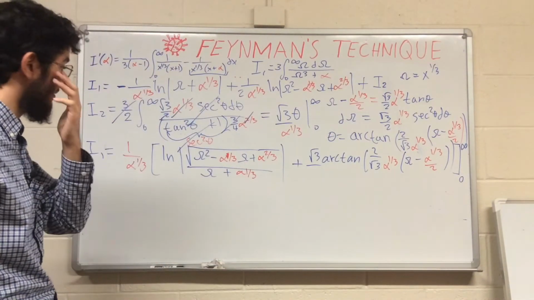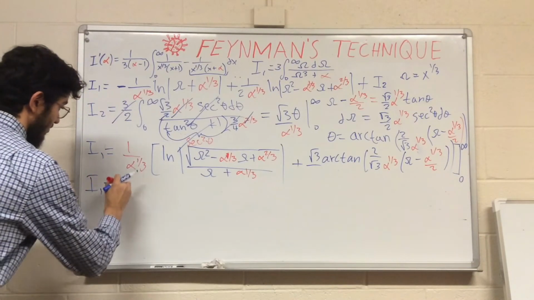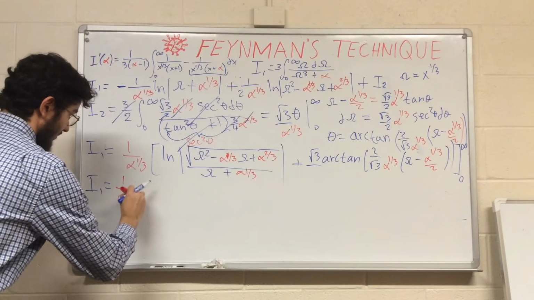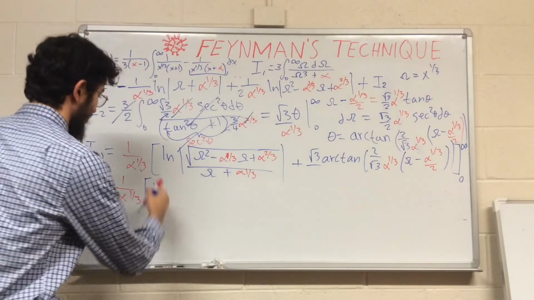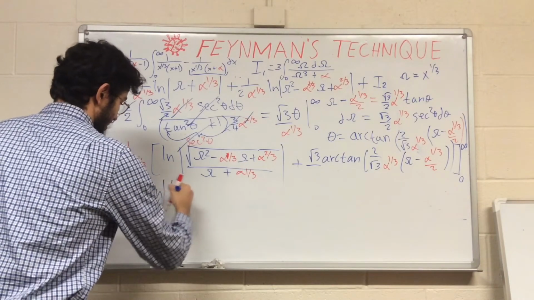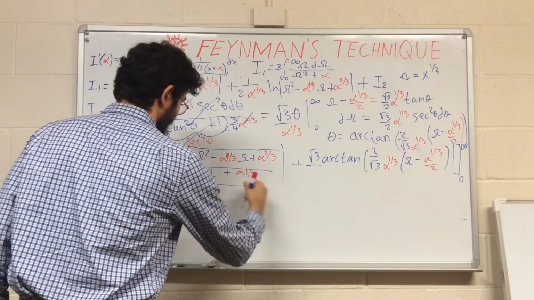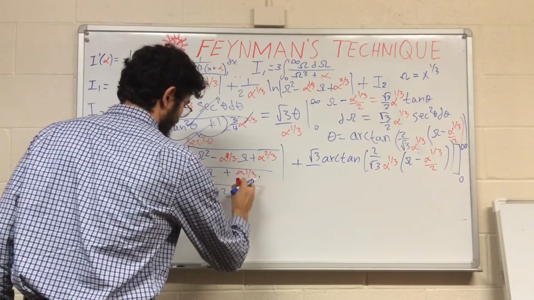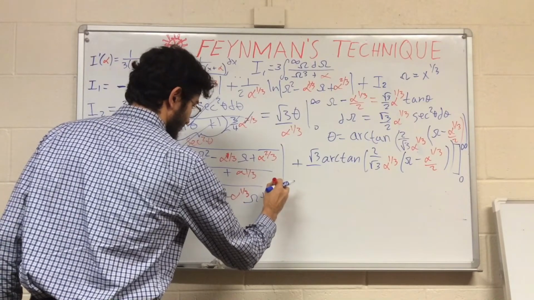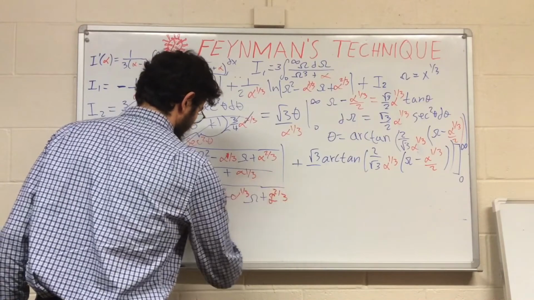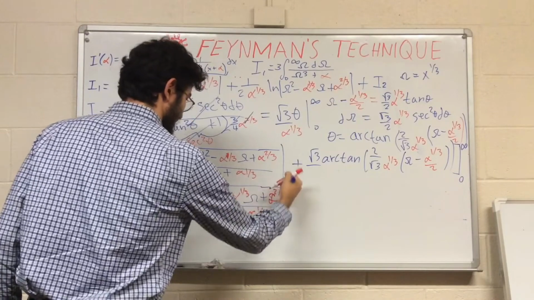Now we want to take the limit, so we want to do some limits over here. So we have 1 over alpha to the 1/3 multiplied by natural log, so we can bring the limit inside of the natural log. This is going to be the limit as omega goes to infinity of the square root of omega squared minus alpha to the 1/3 times omega plus alpha to the 2/3, divided by omega plus alpha to the 1/3, in absolute value.